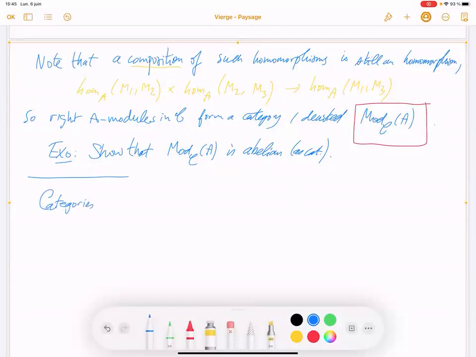Categories mod-A in C versus module categories. We will take an A-module M and some object X, and we will state that X tensor M is also a module.